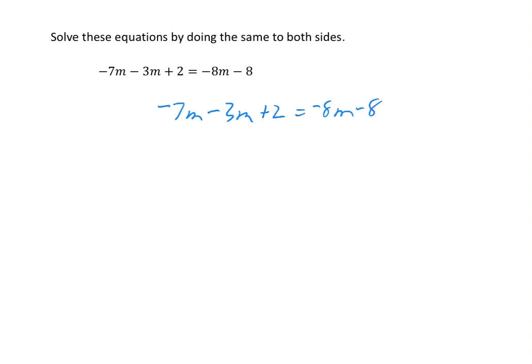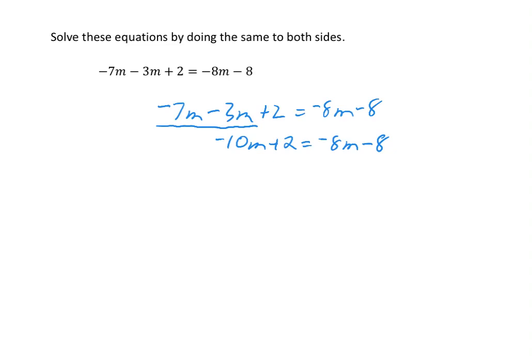Before I move my unknown variables to one side, I want to simplify my original equation by collecting like terms. My like terms are negative 7m and negative 3m. Adding them together, I get negative 10m plus 2 is equal to negative 8m minus 8.